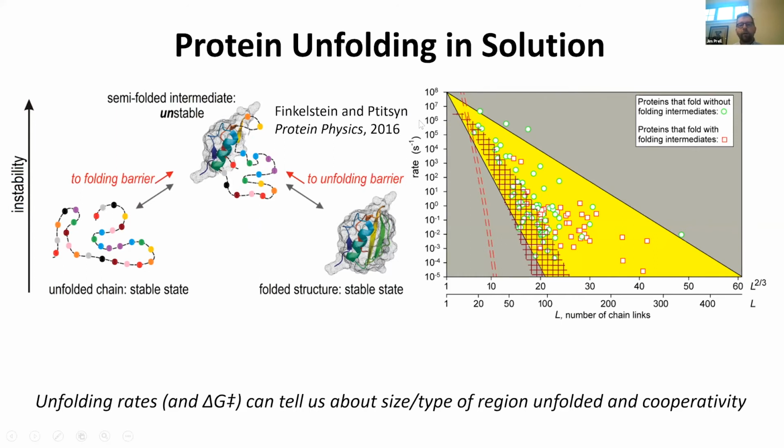It's been long known that the rates of unfolding of native-like proteins in solution in denaturation experiments do correlate with the number of chain links or amino acids that are being unfolded. So there is information contained in the delta G, delta H, and delta S double dagger of unfolding that can tell us about the size or type of region that's unfolding.